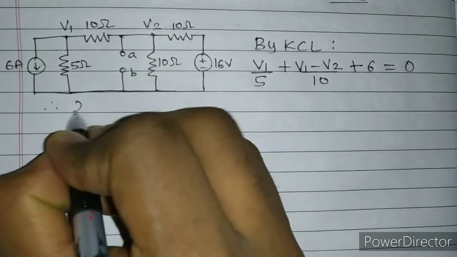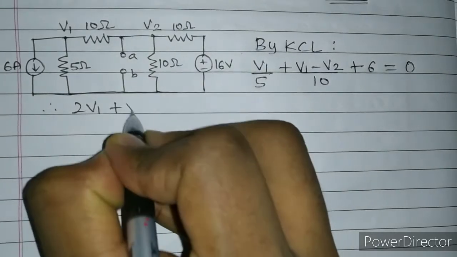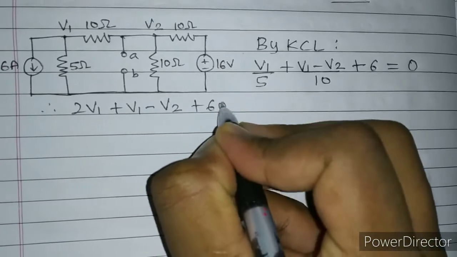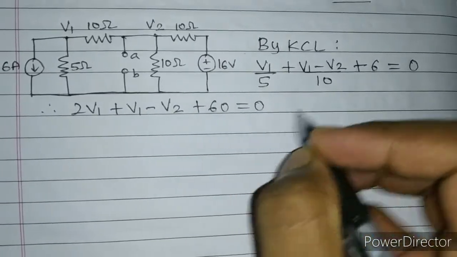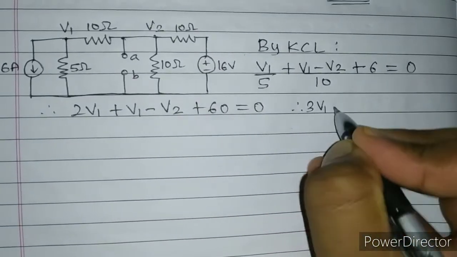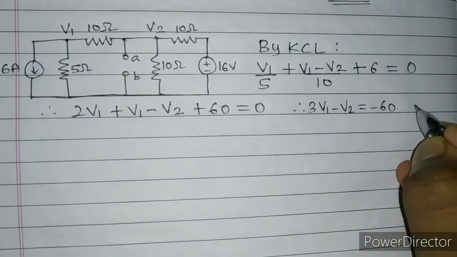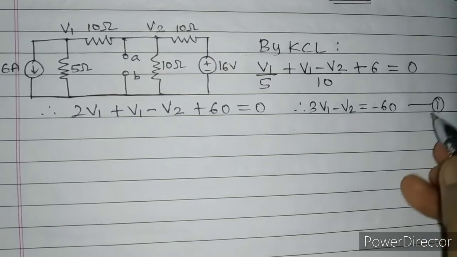Therefore 2V1 plus V1 minus V2 plus 60 is equal to 0. Therefore 3V1 minus V2 is equal to minus 60. Let this be the first equation.